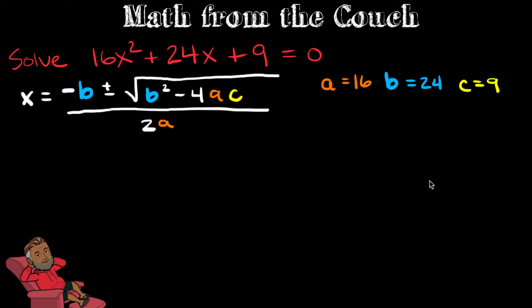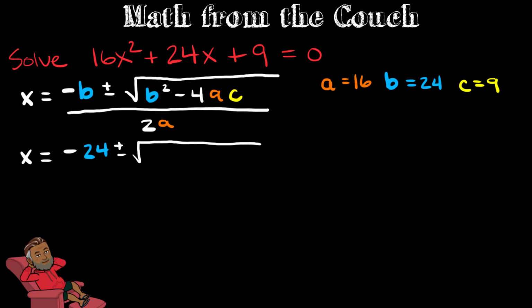Next, what you're going to do is take those numbers and plug them into the formula. So we're going to write down x equals the opposite of B. The opposite of 24 is negative 24. So we write negative 24, plus or minus, and then a gigantic square root sign.